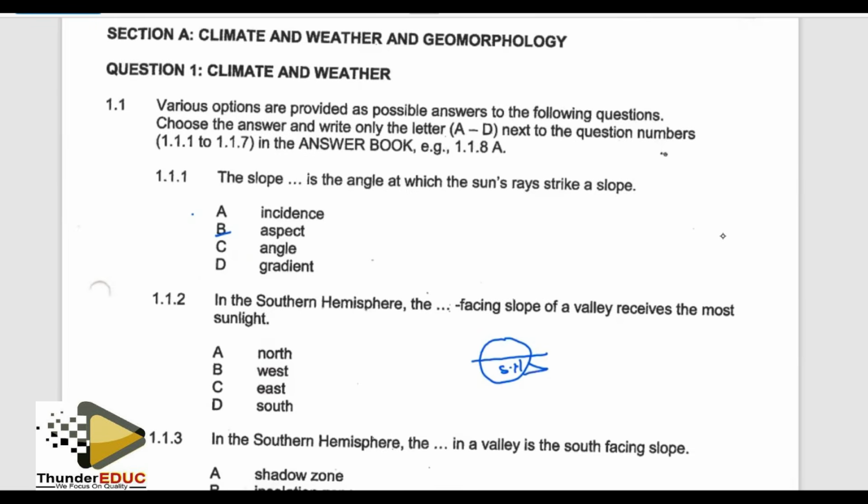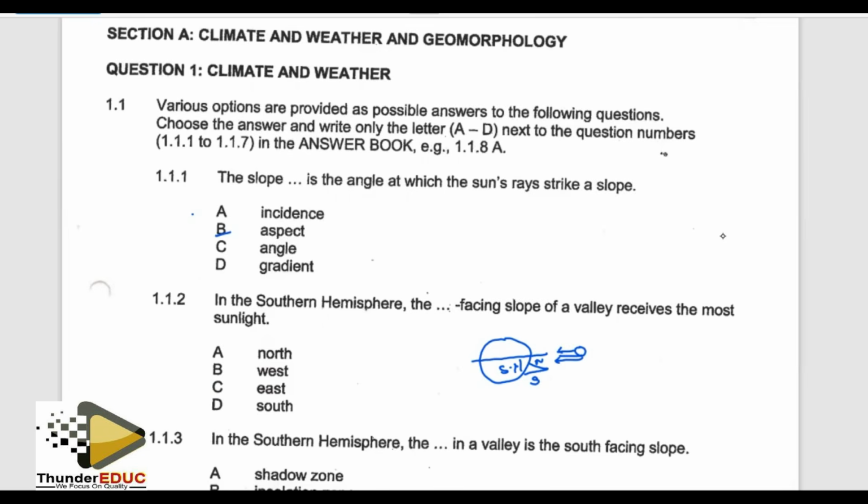This is our slope. We have the north, we have the south. And we know this is the sun, which gives direct heat. That's why this side is going to be warmer. The north facing side will be warmer and the south facing will be cooler.